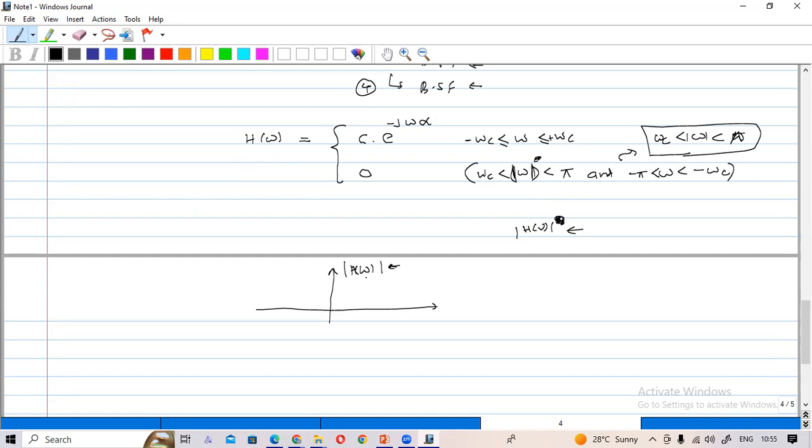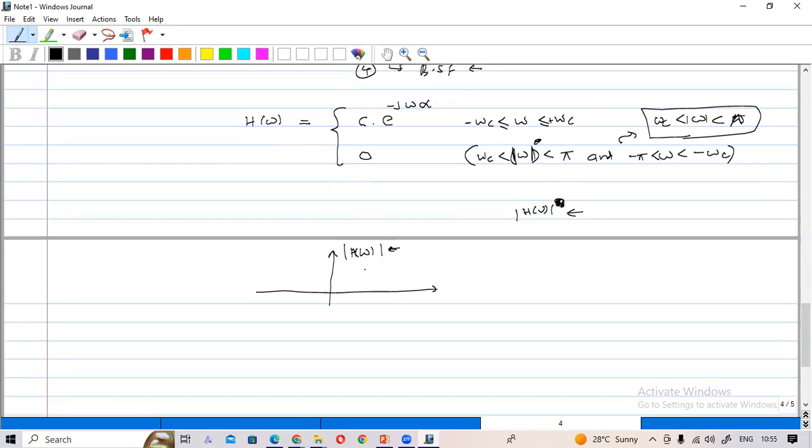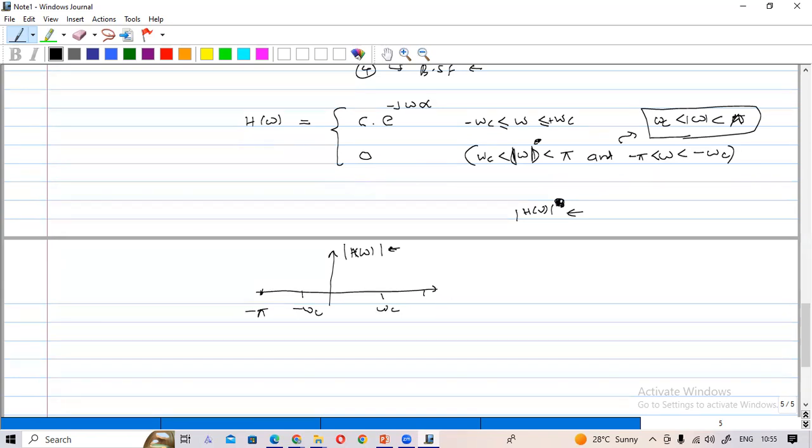So if I want to draw the h omega, can you try to draw this? What is the magnitude of h omega? You can see that omega should be between minus omega c and plus omega c, okay? And this is minus 5 and plus 5.